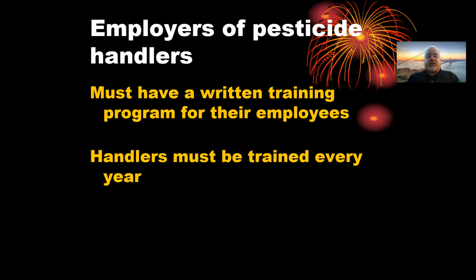So this is different because it's pesticides and it's a different area. So you need a specific training program just for pesticides. And to be a handler is a specific category of training.